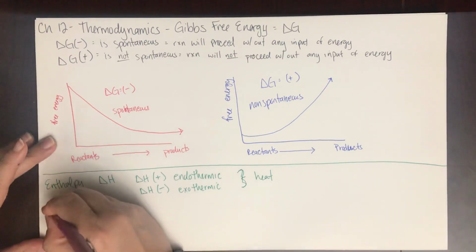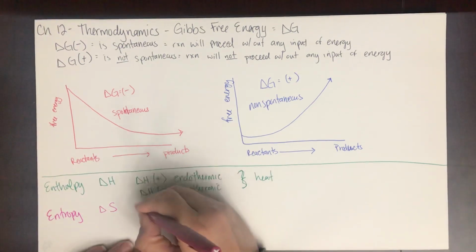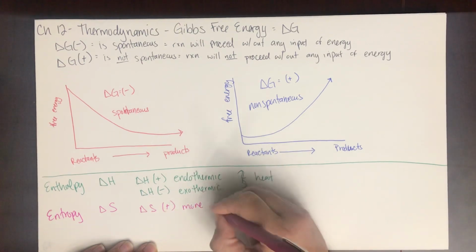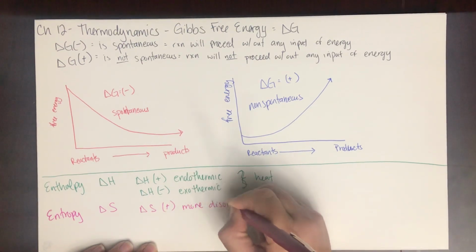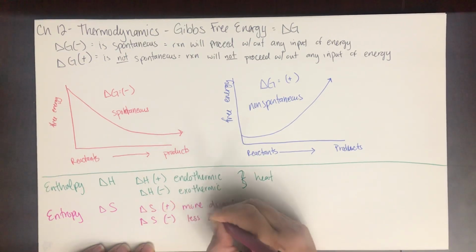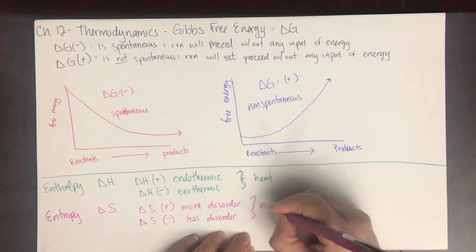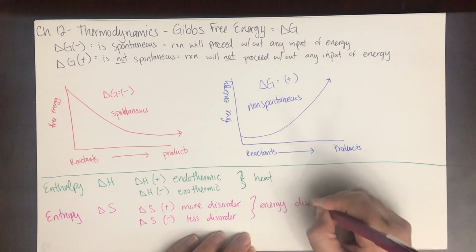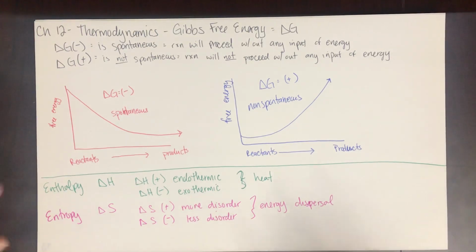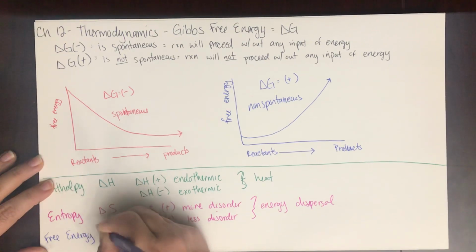Then we can have entropy. Entropy is delta S. If delta S is positive, this means more disorder. If delta S is negative, this means less disorder. And delta S has to do with energy dispersal. And now the last thing that we just talked about is free energy, delta G.